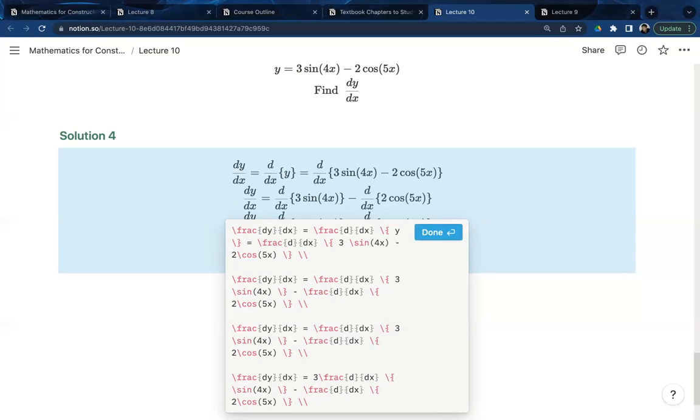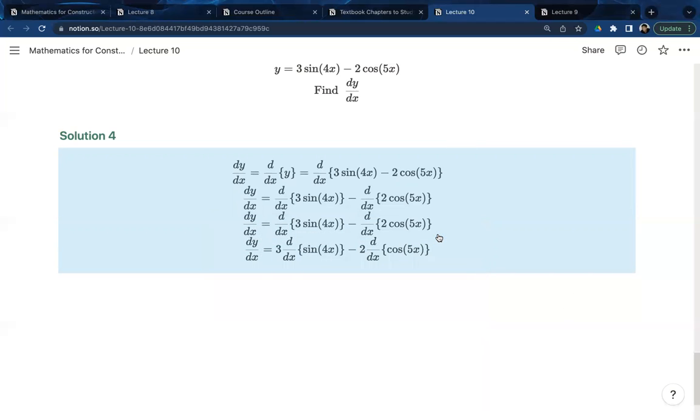And I'll put the 2 on the outside here. Because multiples of a function don't take part in the actual differentiation algorithm. We just leave them on the outside. They don't disappear, but they remain there. We don't need to manipulate that number, the coefficient, right?